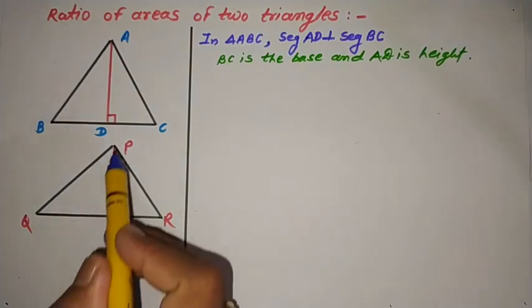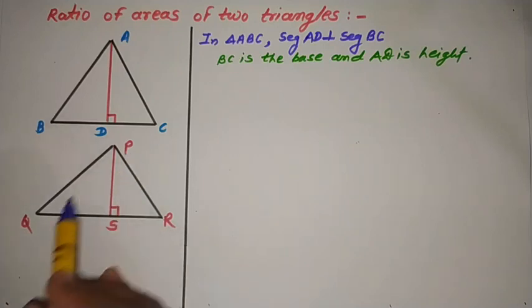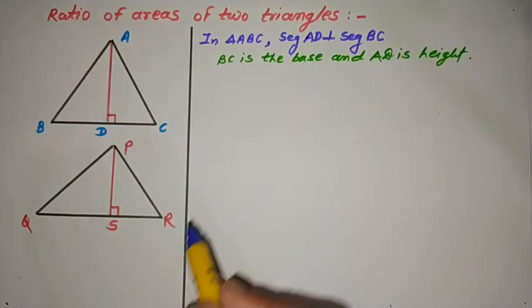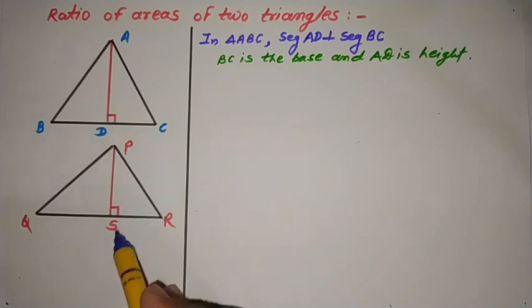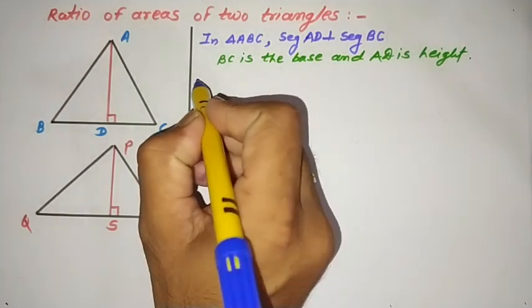In the second figure, triangle PQR, segment PS is perpendicular to segment QR.